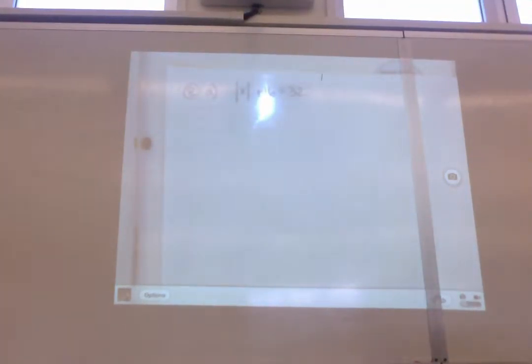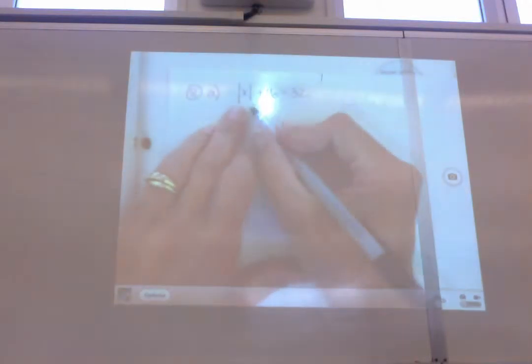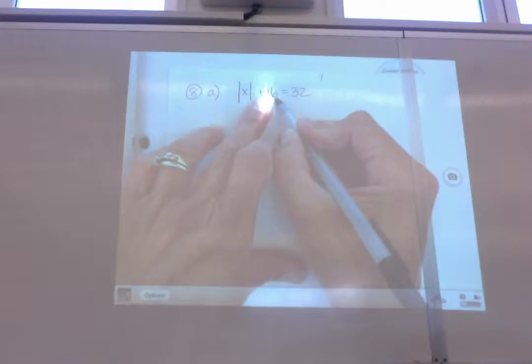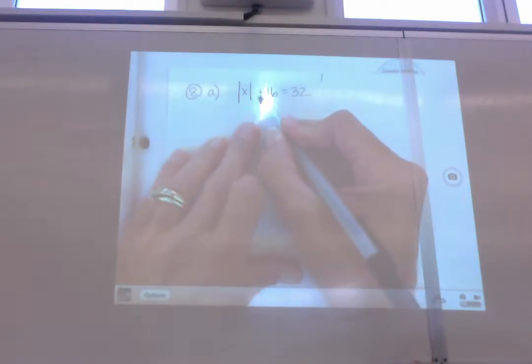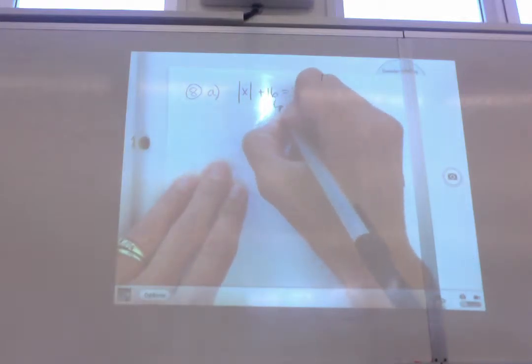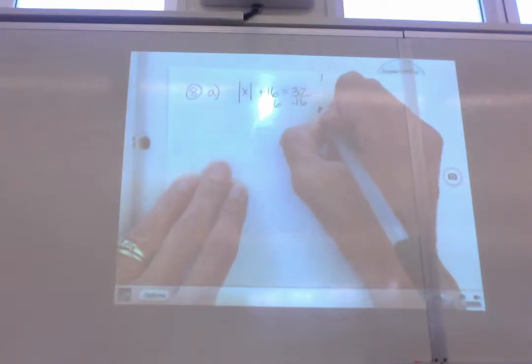No. Here we go. So we got an absolute value, but it's with something. We need to get rid of the numbers that are with it. If I have plus 16 and I don't want that positive 16 anymore, how can I get rid of it? Minus 16, minus 16.